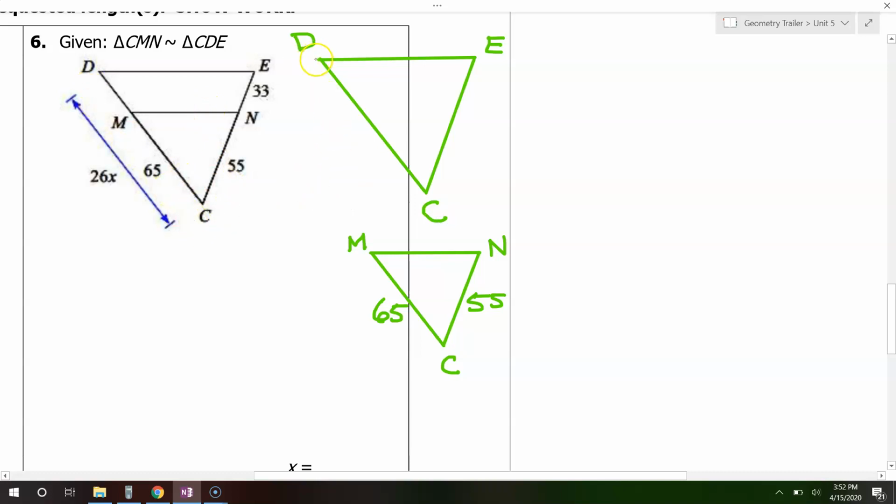So side DC is this long blue arrow. That is 26x. Now, what about side CE? Side CE is 55 and 33. So that's going to be 88.